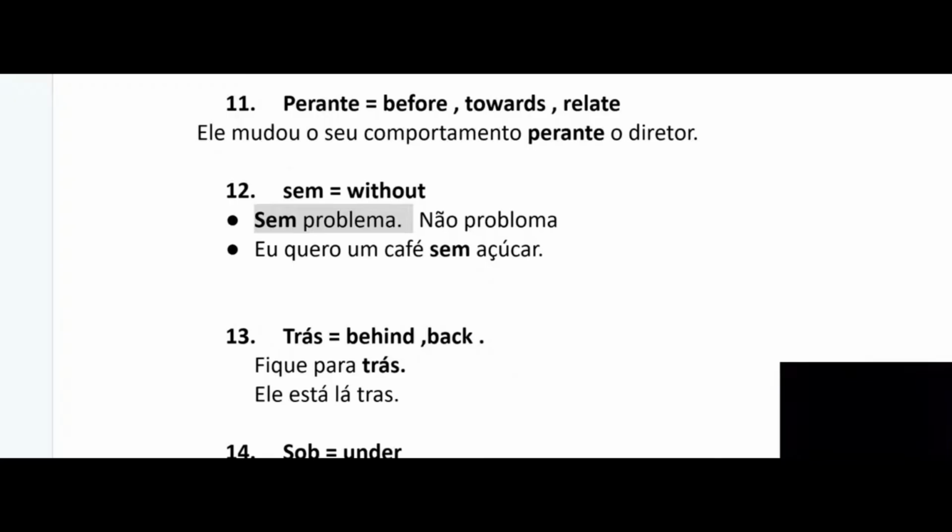But someone asking us, Sammy, you said fique para trás means stay back. What is the para doing there? Who thought of it? Who thought of it? Let me see. If you thought of it, let me see your hand. Who thought of it?